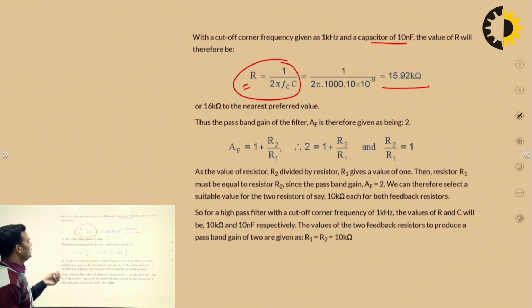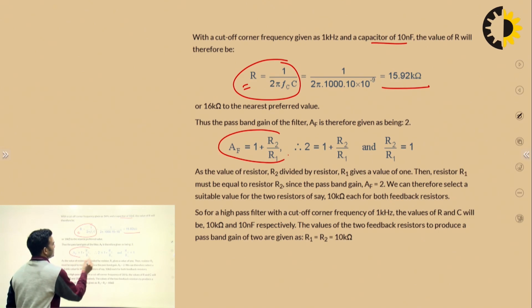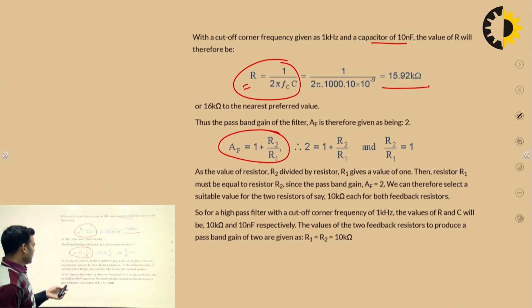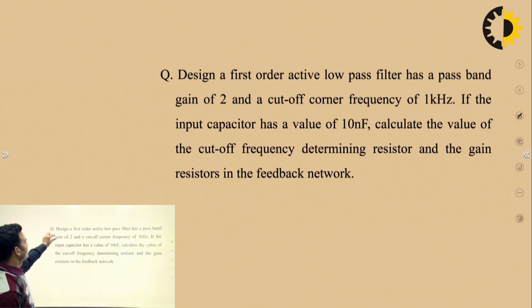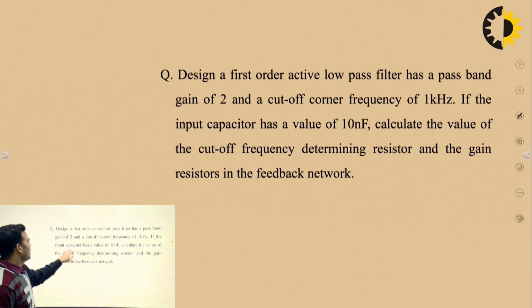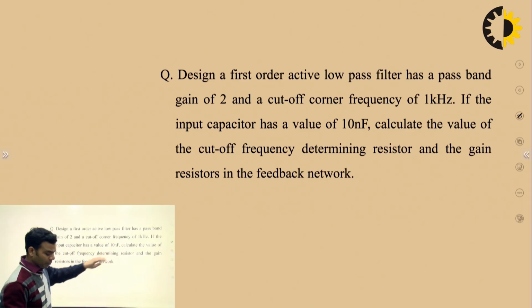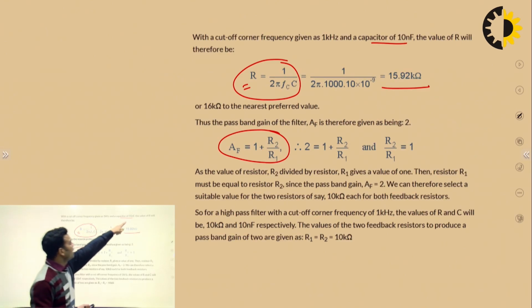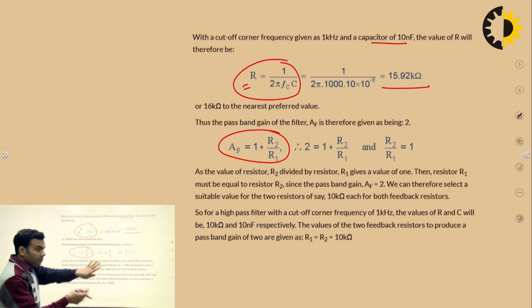And the next thing is AF equal to 1 plus R2 upon R1. In this case, they ask you to design a low pass filter having a gain of 2 and a cutoff frequency of 1 kilohertz, and they have given the capacitor value of 10 nanofarad. So, I have taken 10 nanofarad and found out this resistor. So, that passive part is completed.